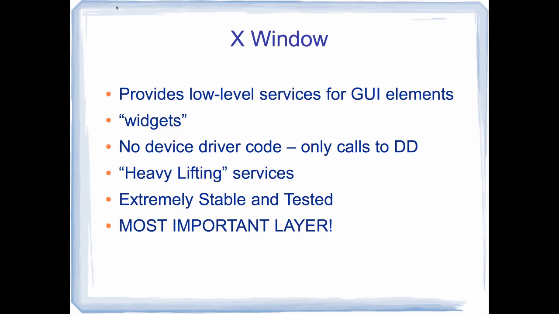X-Window provides the ability for other programmers to call these widgets, these little primitive GUI components, if you will. There's no device driver code at this level. X-Window only calls to the device drivers through kernel calls. And it really presents the heavy lifting services, if you will.